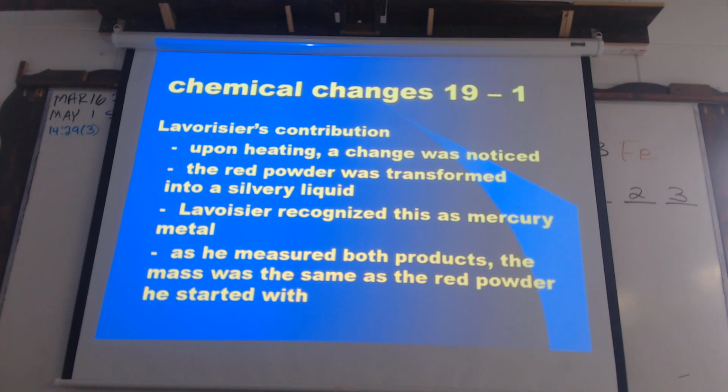Oxygen, if you oxidize something, yes, that can cause a chemical reaction. Hydrogen can if things get reduced. Okay? So upon heating this, into a silvery liquid. So what happens is breaking that apart in what we call a decomposition reaction.